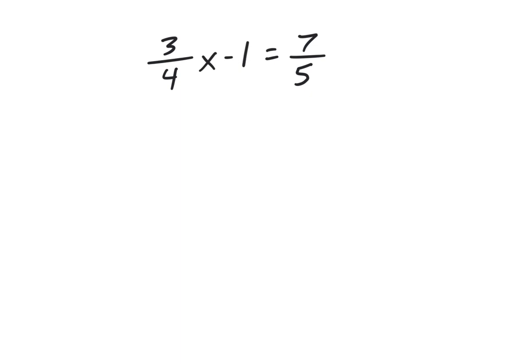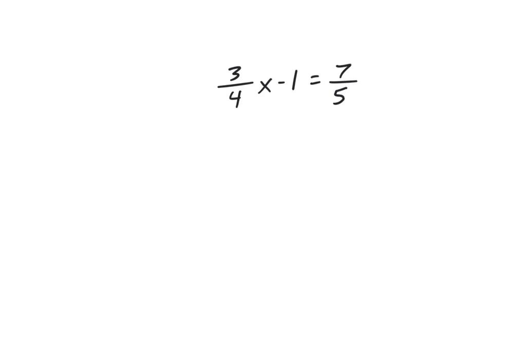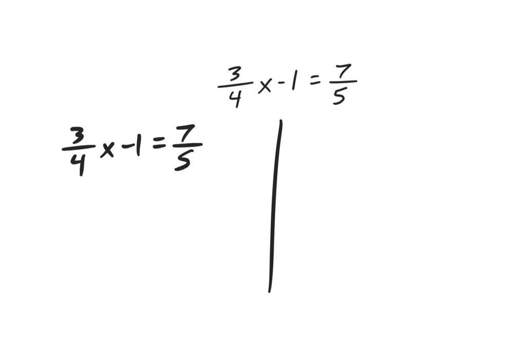And if we ever end up with fractions, what would be the best way to go about doing this? If I just keep them as fractions, then I'm going to add 1.